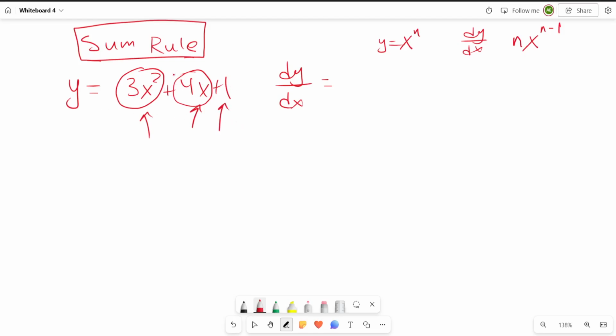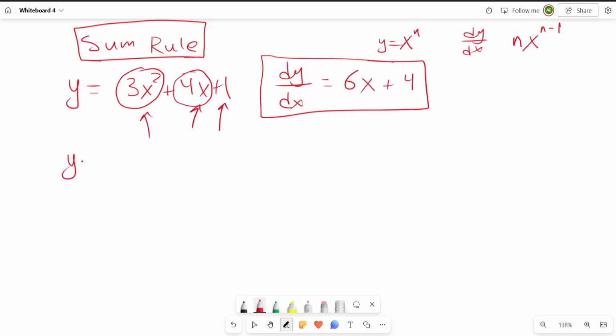So for the 3x squared, 2 times 3 is 6, x power 2 minus 1 is 1, plus 4x, so 1 times 4 is 4, and then x power 0, because 1 minus 1 is 0, which is basically 4, and then we know that the differentiation of a constant is 0, so this is dy by dx.